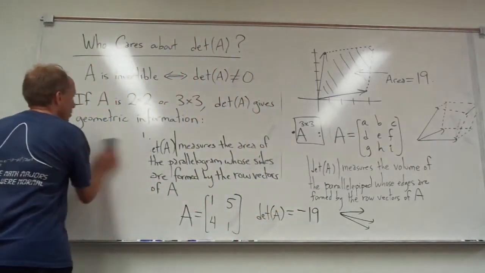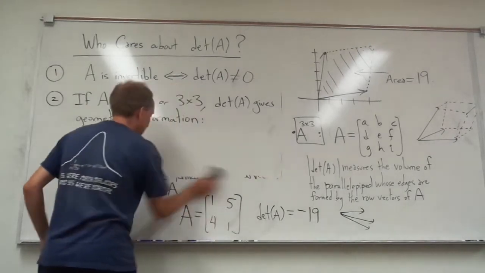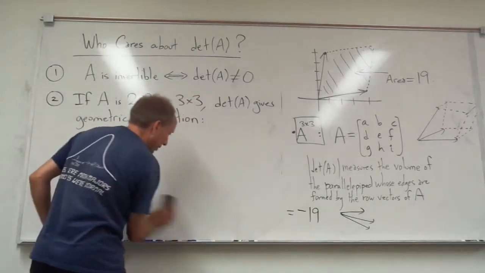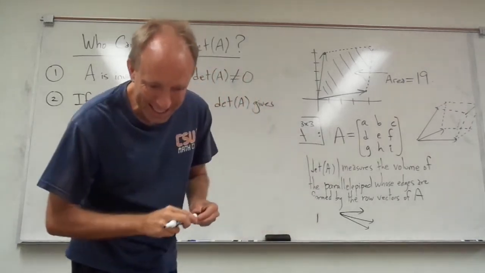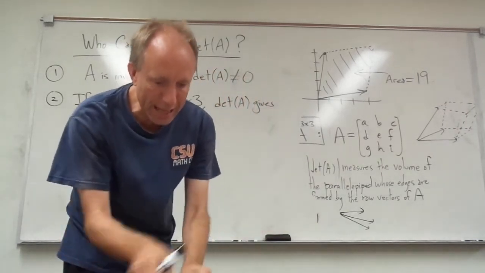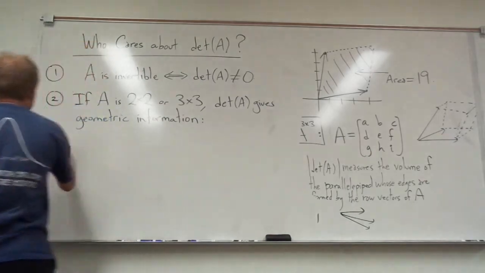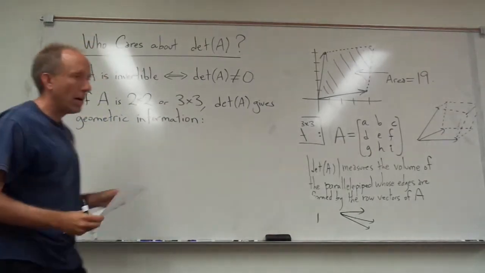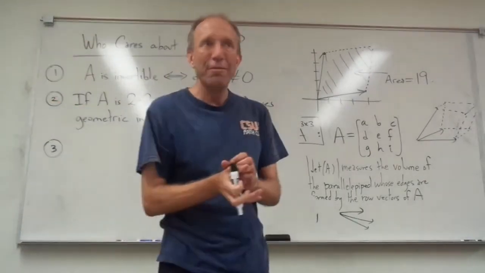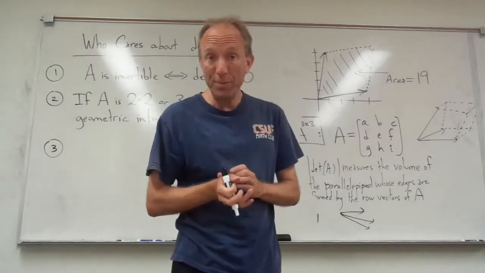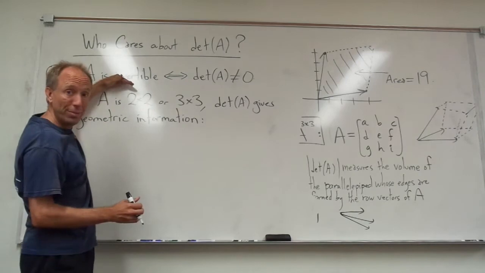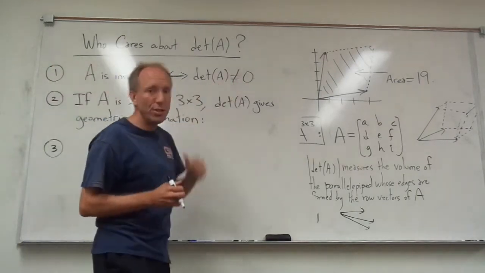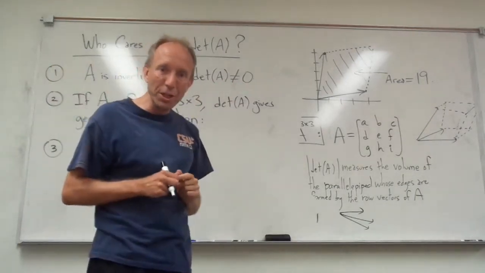Okay? So I'm going to erase this now, and I'm going to give you another reason why we care about the determinant, which has to do with another formula for finding A inverse. We can test whether the matrix is invertible by calculating its determinant and seeing if it's not 0.